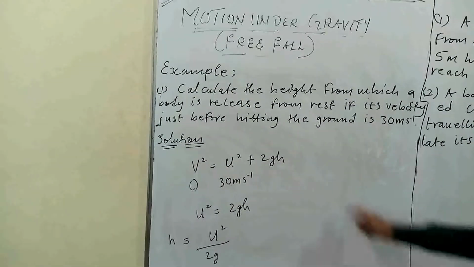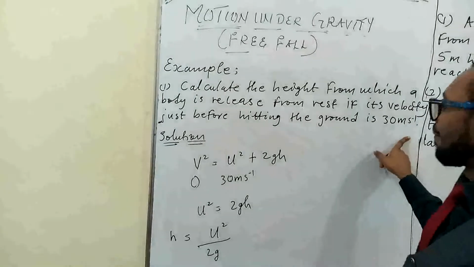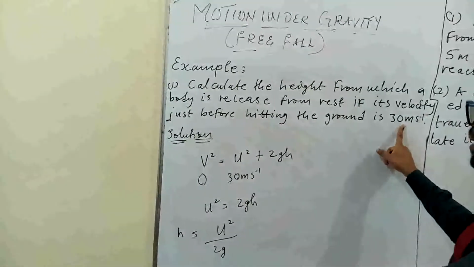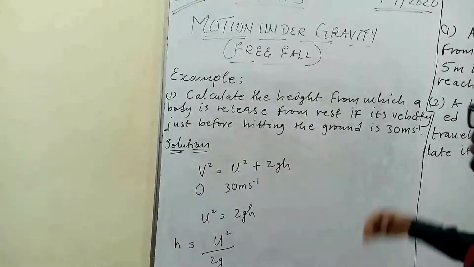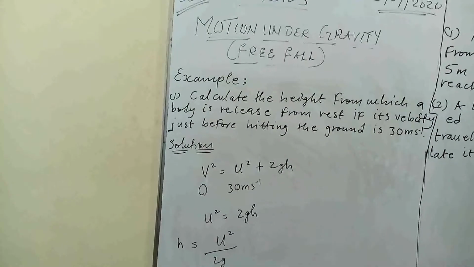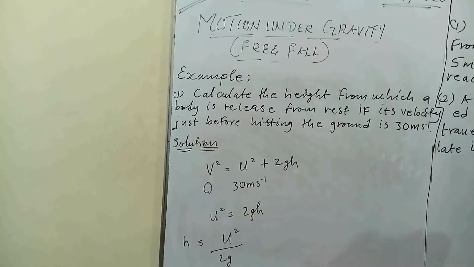We are given in our question an initial velocity u of 30. Of course, you know acceleration due to gravity is always 10 meters per second squared.